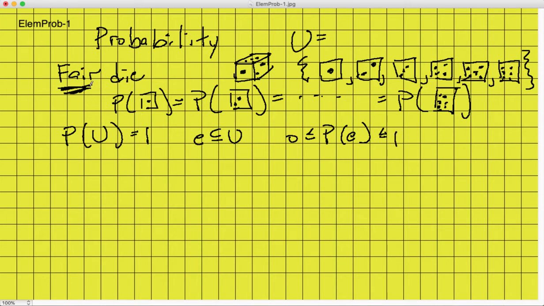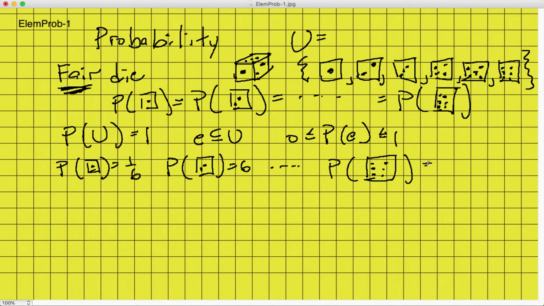Since we're assuming that it's a fair die, each one of these probabilities is the same, so the probability of each is equal to 1/6.